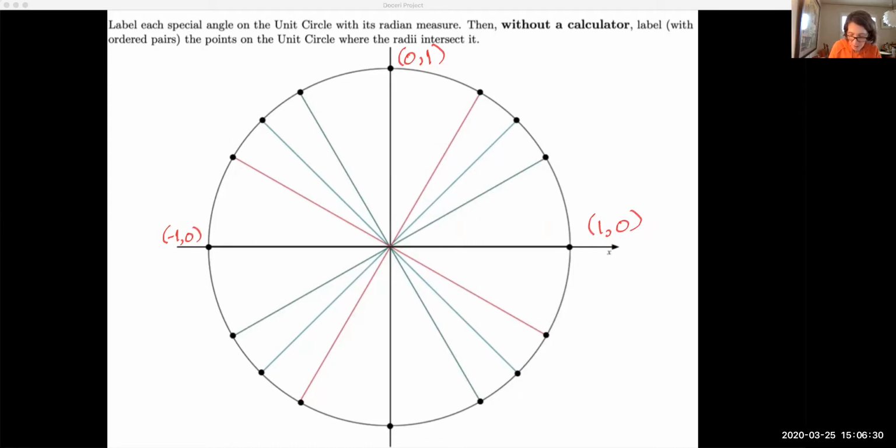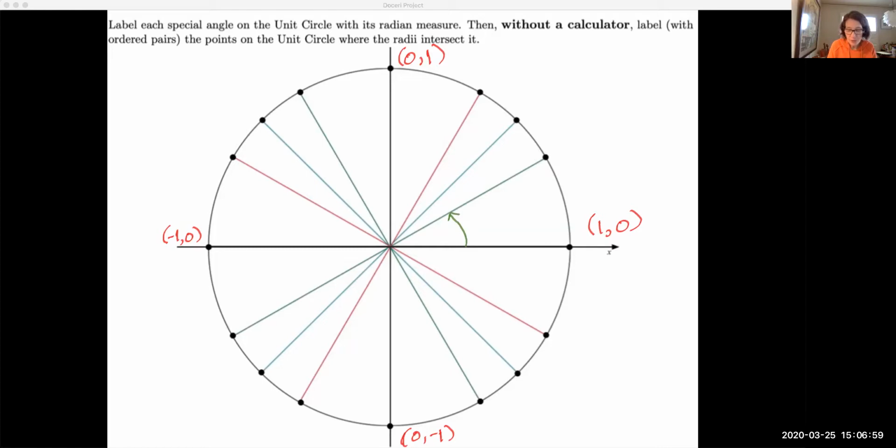And the one on the y-axis down below is 0, -1. So now what are these other points? These other points on the unit circle are points on the terminal sides of a bunch of angles that we already know. So the first one, the first little green line in the first quadrant, I'll draw my arrow for my angle.